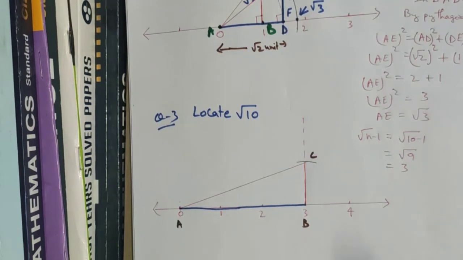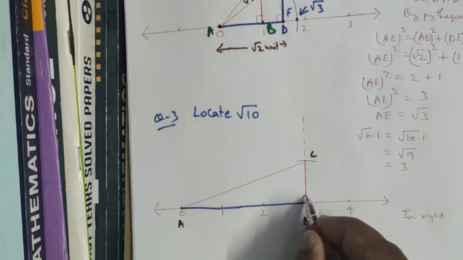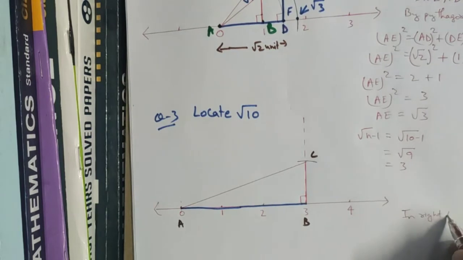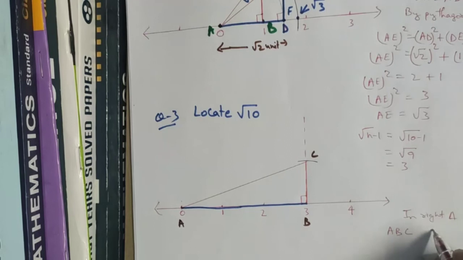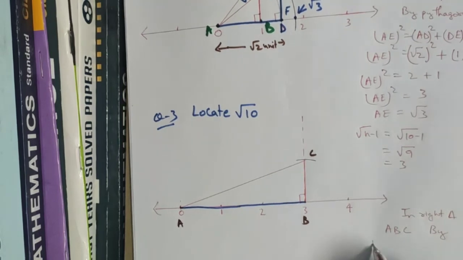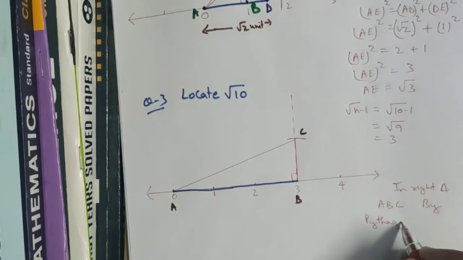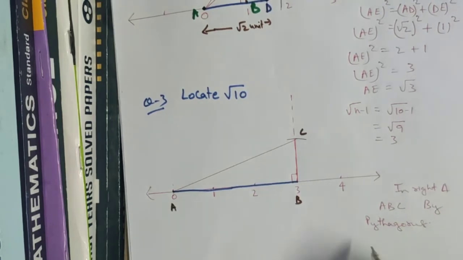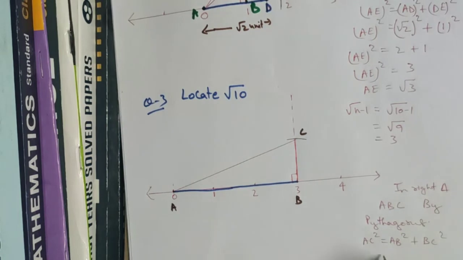So this AC, again using Pythagoras theorem, in right triangle ABC by Pythagoras theorem, AC square is equal to AB square plus BC square.